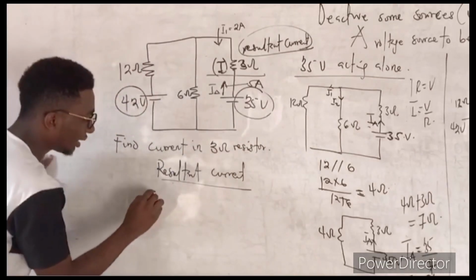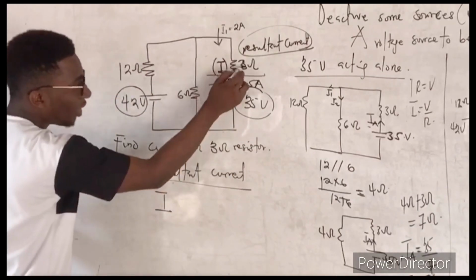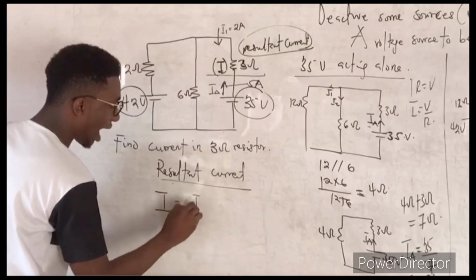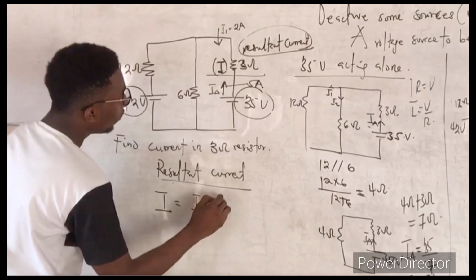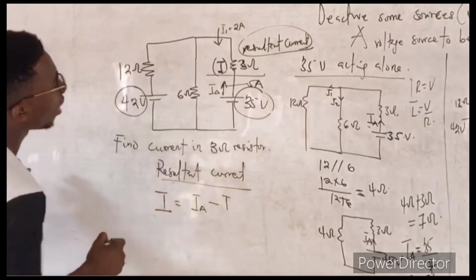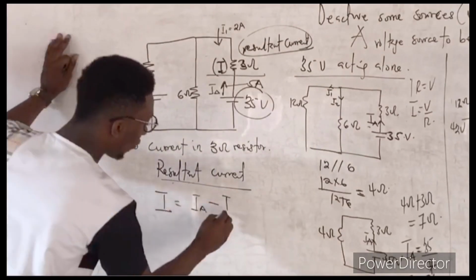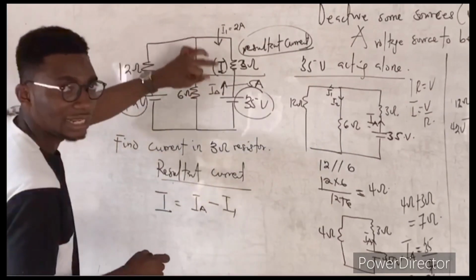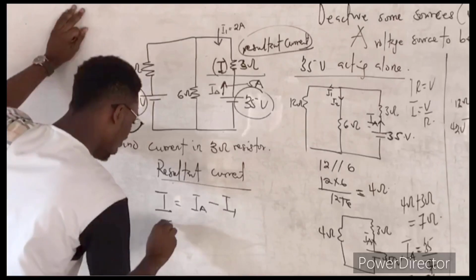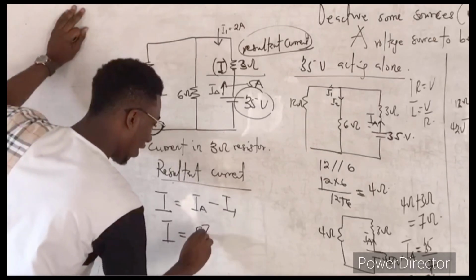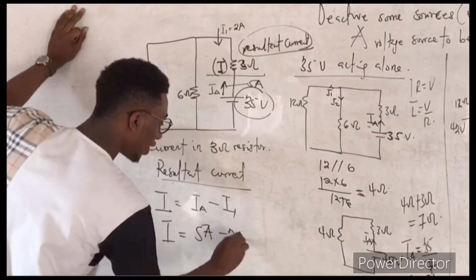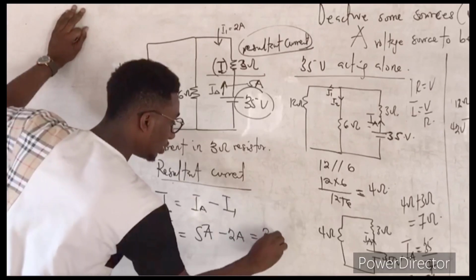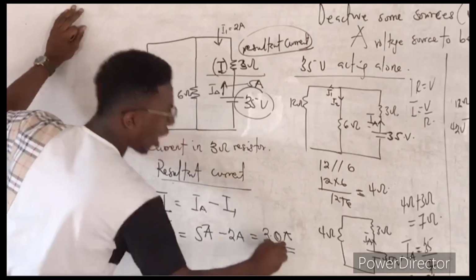Therefore, the resultant current I that will pass through this 3 ohm resistor is IE minus I1. Why? Because we are moving in opposite directions. So I becomes 5 ampere minus 2 ampere, which is 3 ampere.